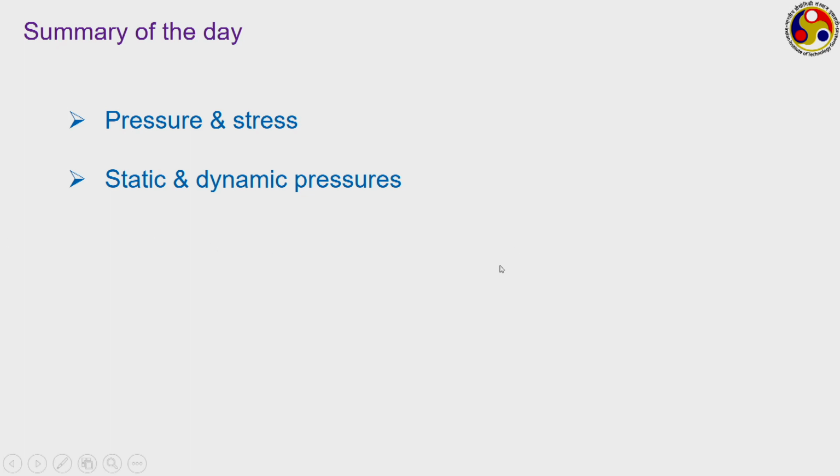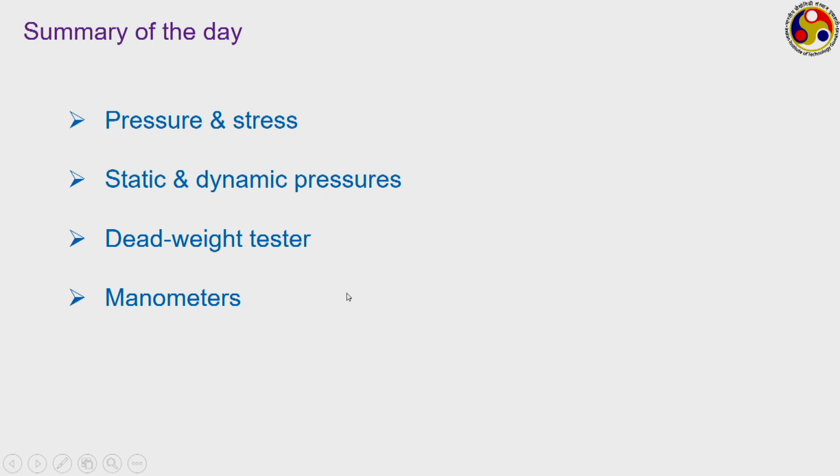If we just take a quick recap, we have started with the difference between pressure and stress. Then we talked about the concepts of static and dynamic pressures, absolute and gauge pressures. Then we talked about the dead weight tester, which is generally used for calibration of pressure gauges. Then we talked about manometers, generally two broad classifications, well type and U tube manometers.